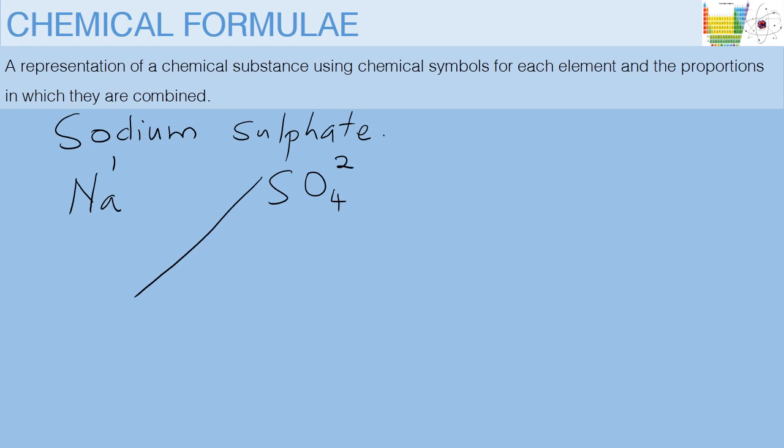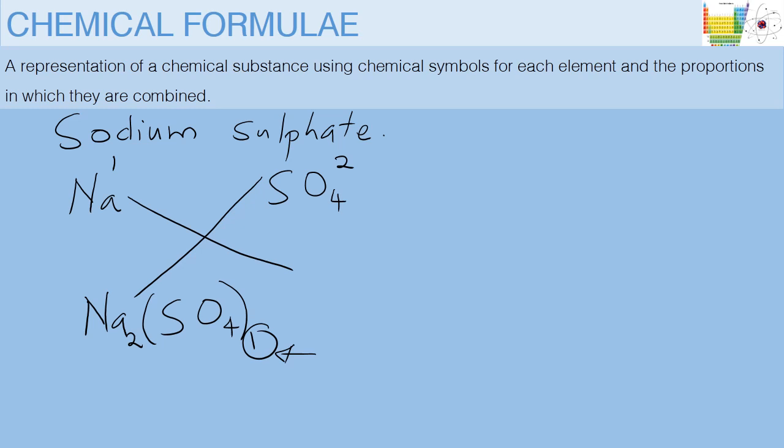We cross and drop the valencies and have sodium 2, and then since the sulfate operates as 1, we have a bracket and put number 1 below. But again, we do not usually write 1 under the element because the element or radical represents 1, and hence we will ignore the 1 and even the brackets, and we'll have sodium sulfate.